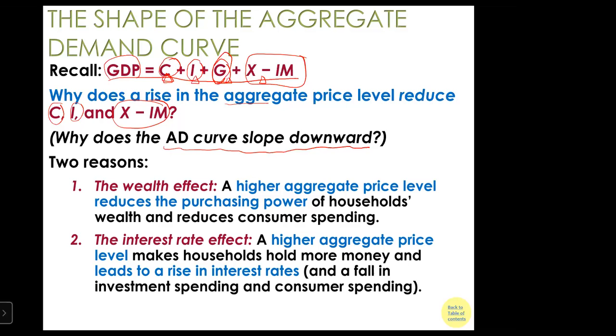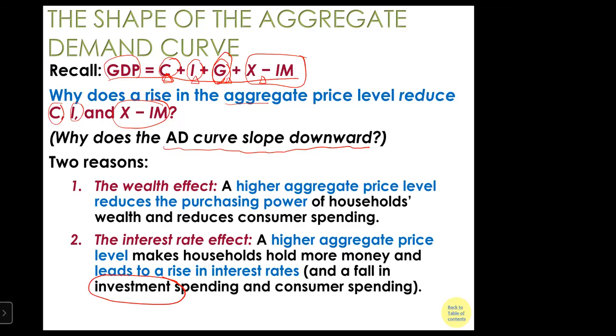Okay, so that's going to lead to less resource the society can use for investment. So that's going to lead to further rise in interest rate. So that's going to lead to a fall in investment and in consumer spending. Why is that? Let's just say, for example, investment, right?